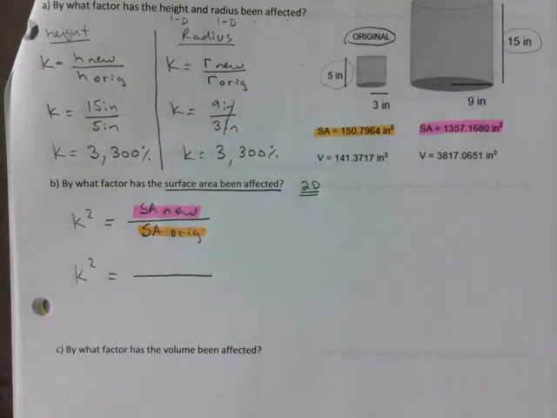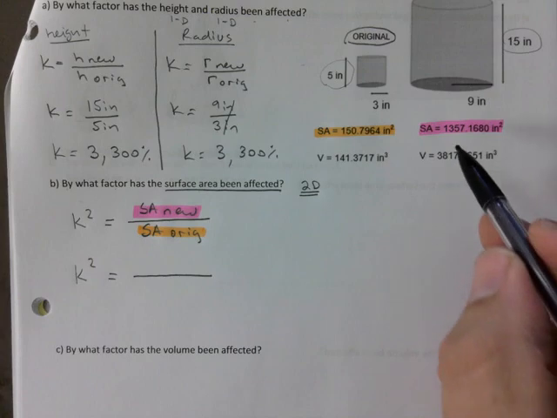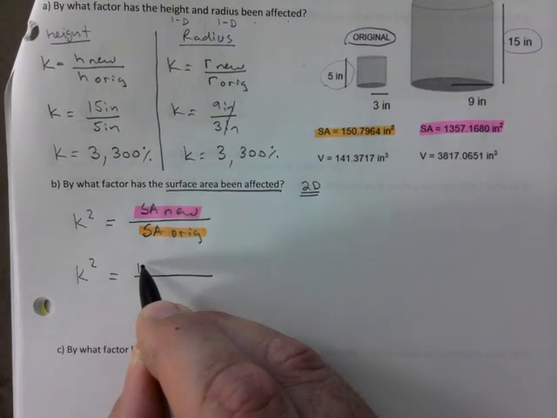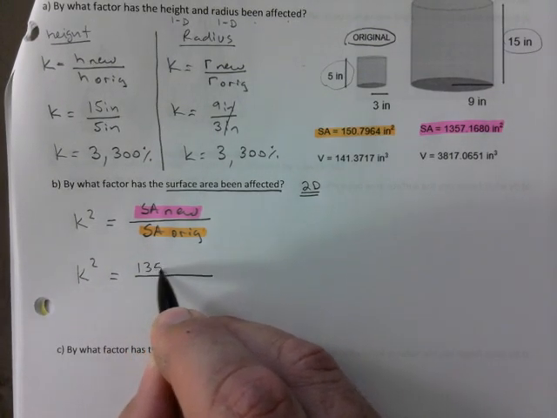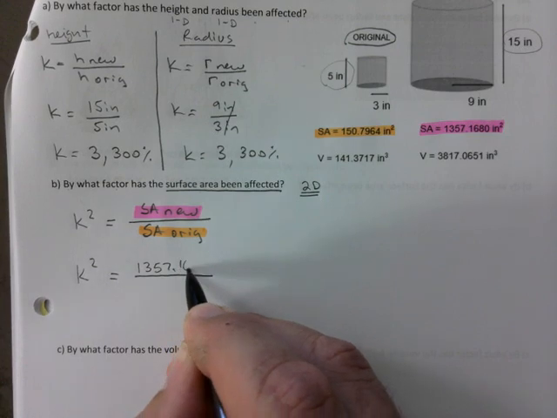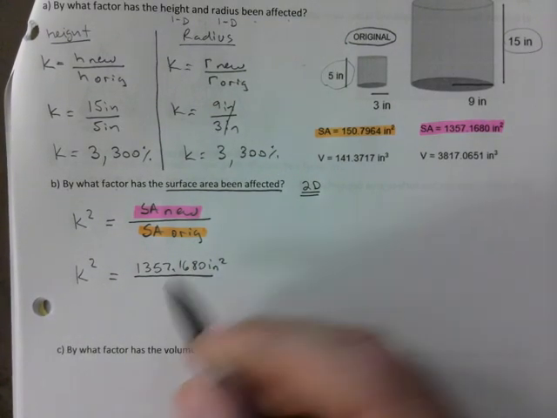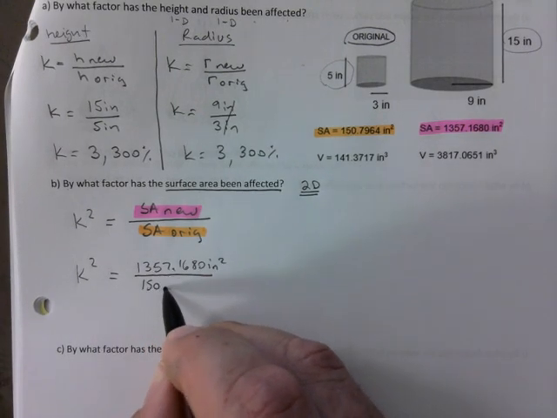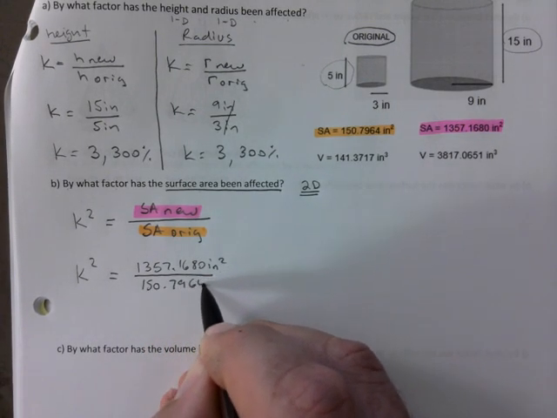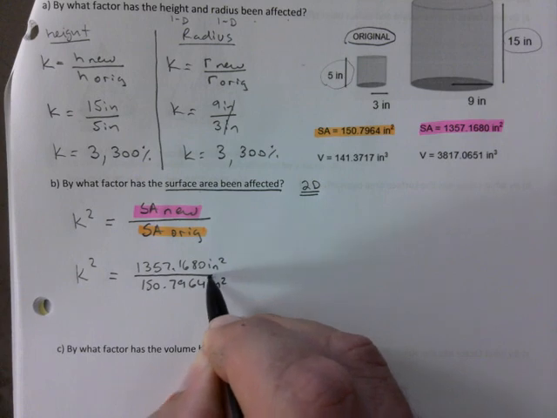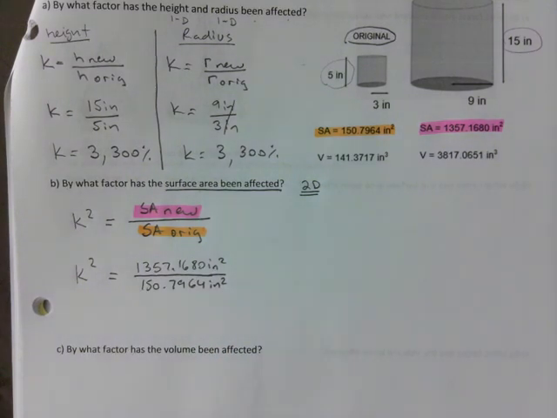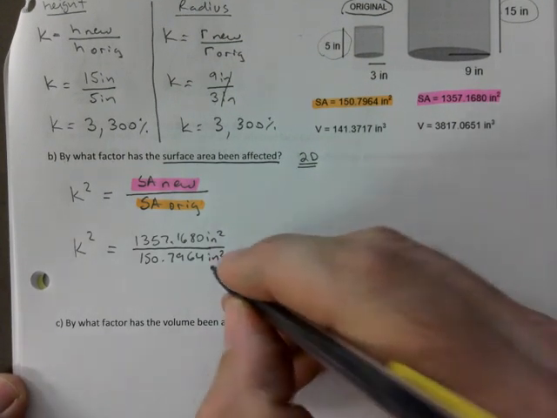Okay, just pops a bit more. So I'm going to grab that 1357.1680 square inches, and the other one is 150.7964 square inches. Cancel these out.